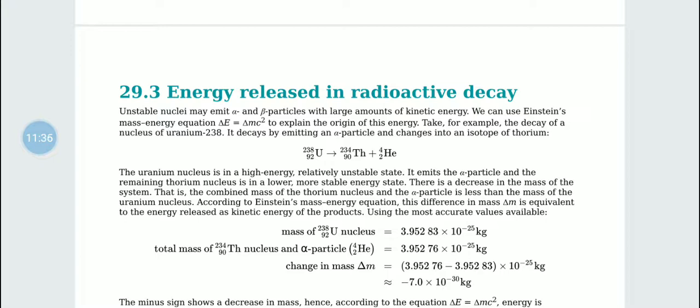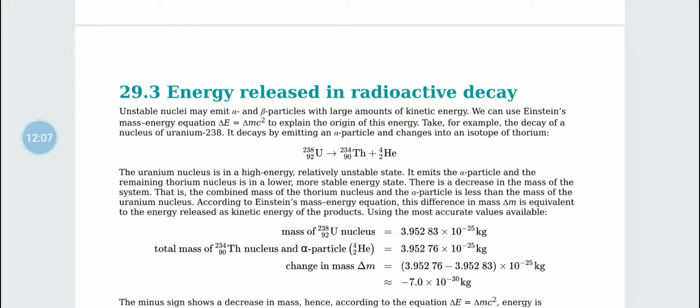In the following example, a high energy unstable uranium isotope decays to produce a low energy, highly stable thorium nucleus.